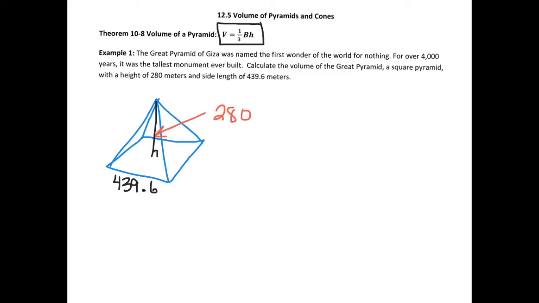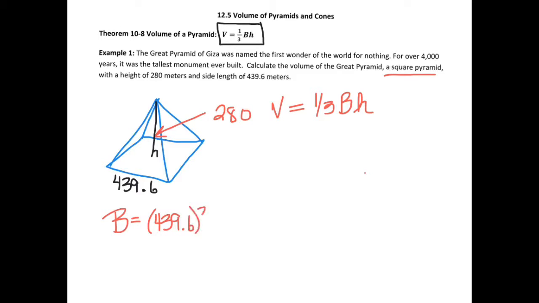So remember, the volume is 1/3 area of the base times the height. The first thing I'm going to do is find the area of the base. It says that it's a square pyramid, so I'm just going to find the side length and square it: 439.6 squared.